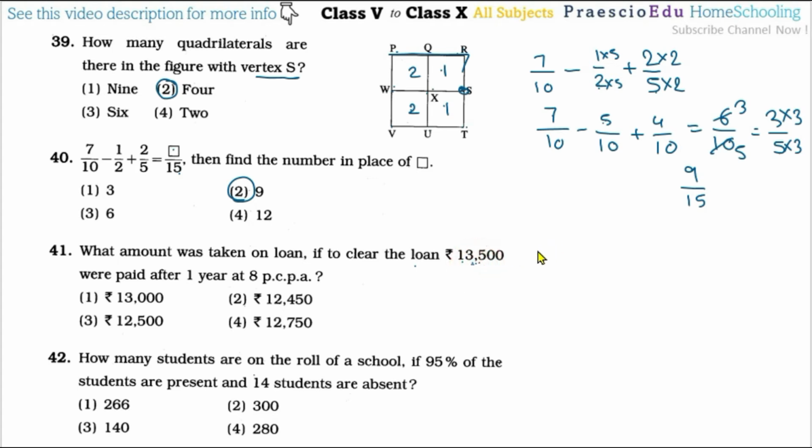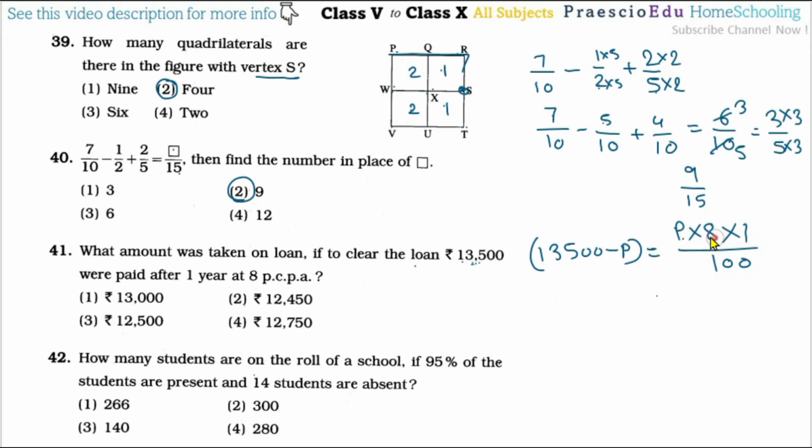So we consider 13,500 minus P, where P is the principal amount, is the simple interest. Now this equals P, the principal, multiplied by the rate of interest, which is 8, multiplied by 1 year and divided by 100.